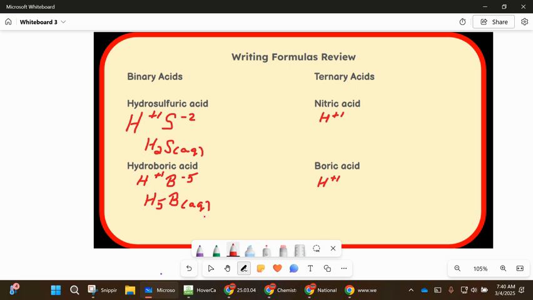What would the formula for hydroxide and hydrogen put together be? HOH, better known as water. Water is not an acid. Hydrogen hydroxide would make water. It would make H2O, HOH.